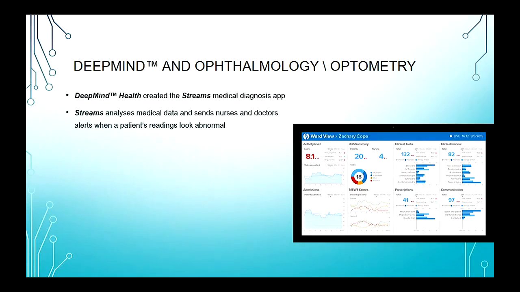Streams then analyzes all your medical data, puts it all together using AI, and can alert your nurses and medical doctors when your vital signs become abnormal. So imagine your Fitbit or wearable watch connected to an AI that can detect the problem and alert the local nurse or doctor. Sounds all good and well.